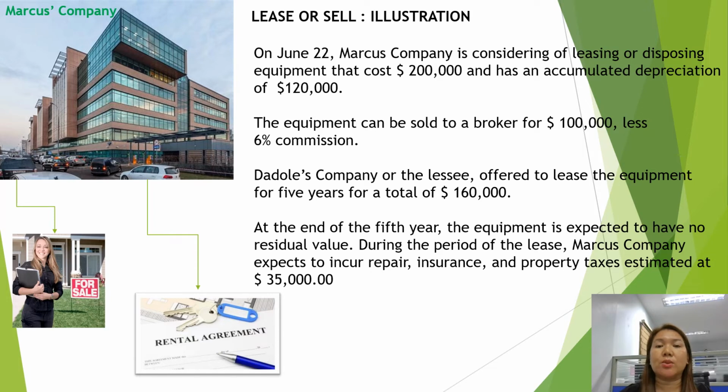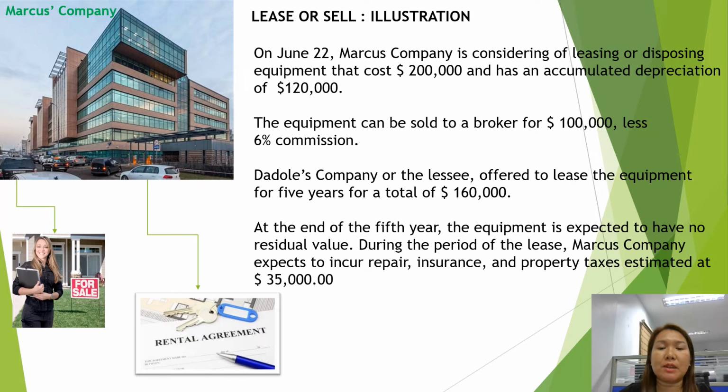On June 22, Marcos Company is considering leasing or disposing of equipment that costs $200,000 and has an accumulated depreciation of $120,000. The equipment can be sold to a broker for $100,000 less 6% commission.